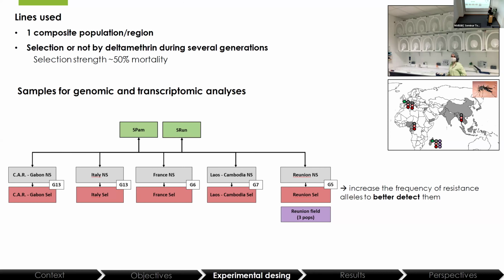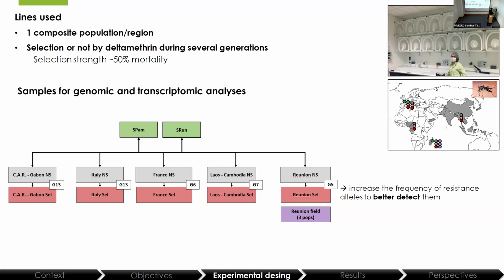Then we split this composite population into 2 populations, one maintained in the laboratory without insecticide treatment, and one selected with deltamethrin at each generation, with a selection strength of about 50% mortality.